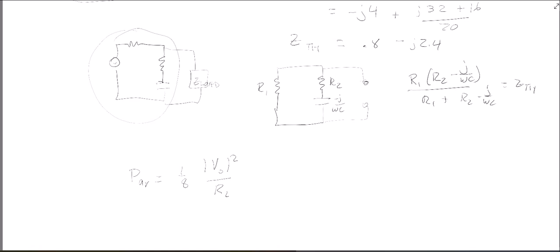So we need to get the magnitude of the source voltage. To get it, we're going to look at the open circuit, so we look at our circuit with Z load removed.